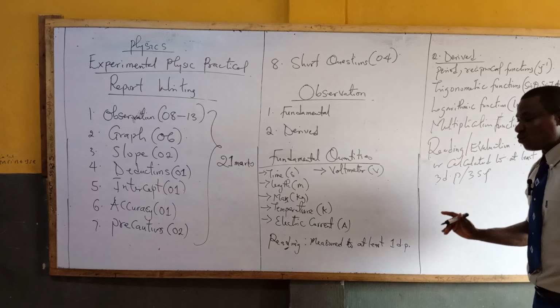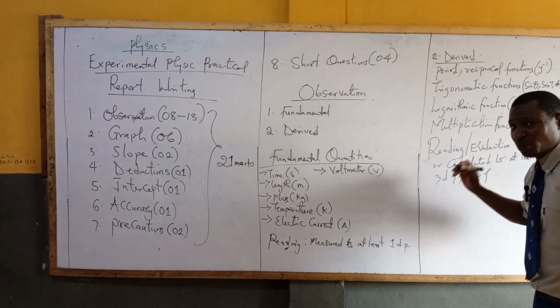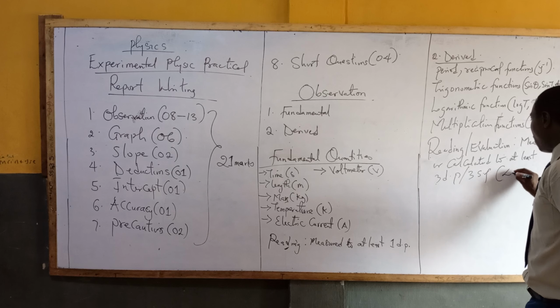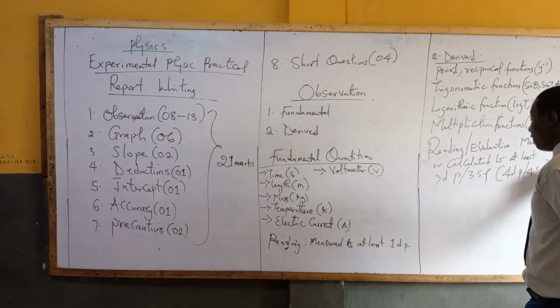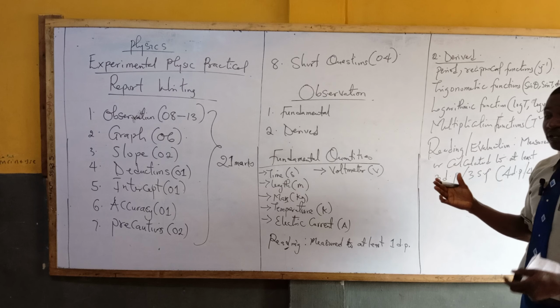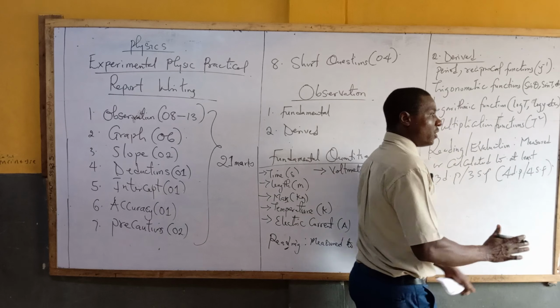But I would suggest that when you do your experiment, you should always leave yours in four decimal places, or four significant figures, to be on a safer side. To be on a safer side.